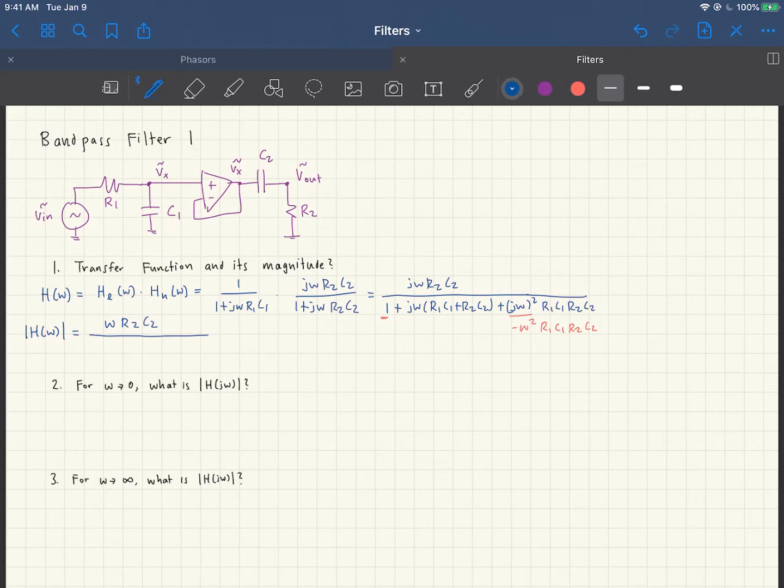So this is all going to be equal to the square root of 1 minus omega squared R1 C1 R2 C2, and we take that full quantity and square it, and then add it to omega times (R1 C1 plus R2 C2), and square that entire quantity as well.